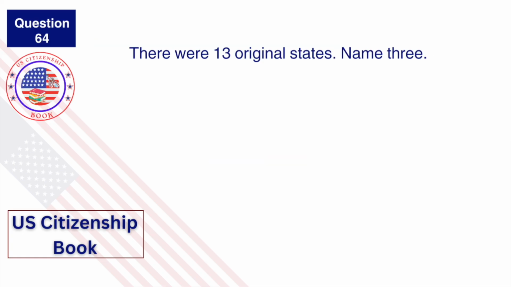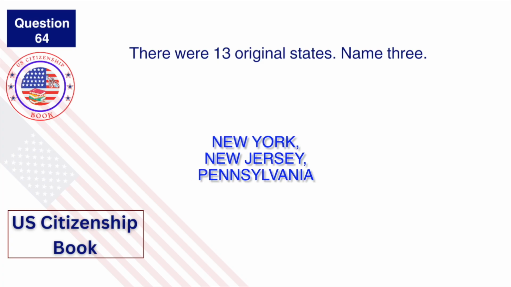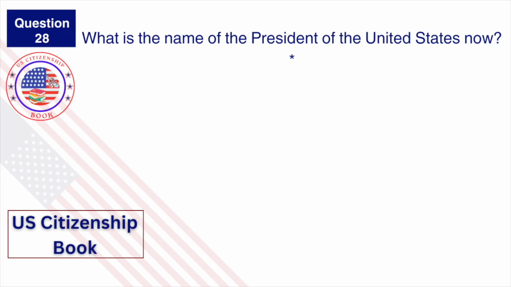There were 13 original states. Name 3. New York, New Jersey, and Pennsylvania. What is the name of the President of the United States now?